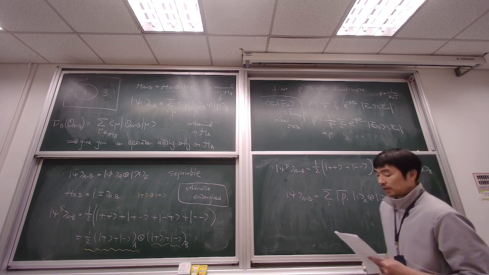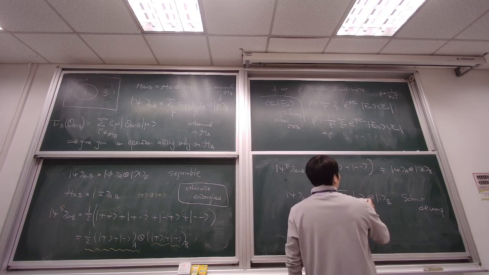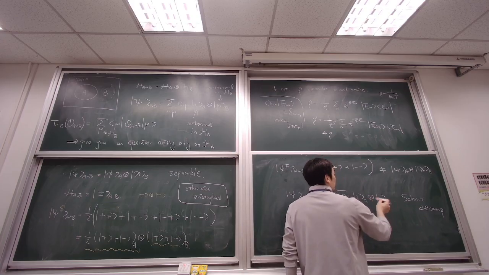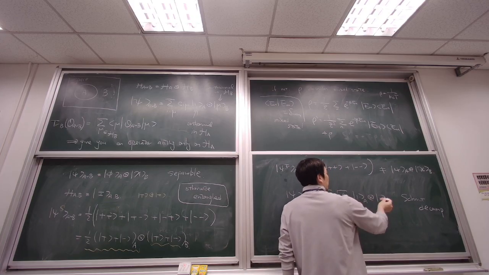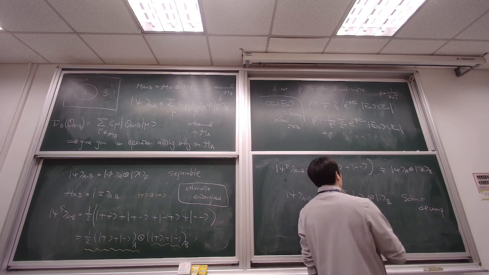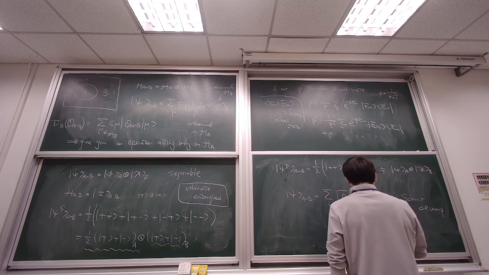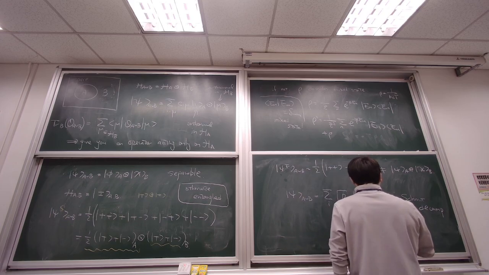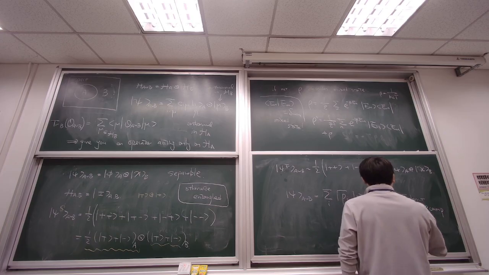So you just pick the suitable orthonormal bases for both A and B. So I sub A, I sub B is a suitable pair of orthonormal bases.